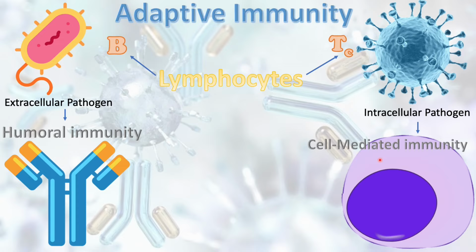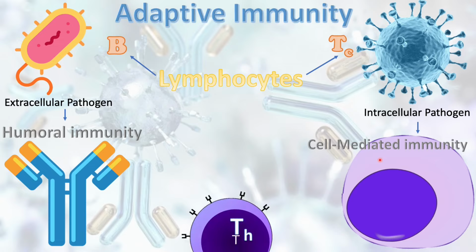And I mentioned this before in my immunodeficiency video, in how you can differentiate different primary immunodeficiencies based on whether it's a problem with adaptive or cell-mediated or humoral immunity. Now, both types of adaptive immunity, whether humoral or cell-mediated, they need T cell help.